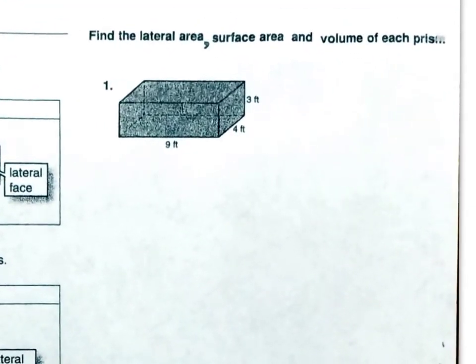Number 1, lateral area. If you look at the formula for the lateral area, this is what I'm going to do. I'm going to go ahead and just draw the net for this prism. And this net, see, if you think about this, that would be this part right here. Okay, now I'm going to draw this part right here.